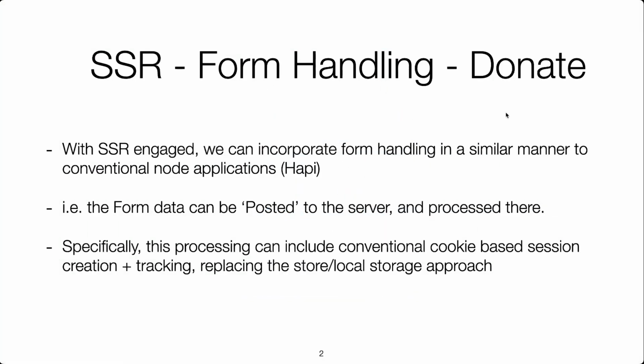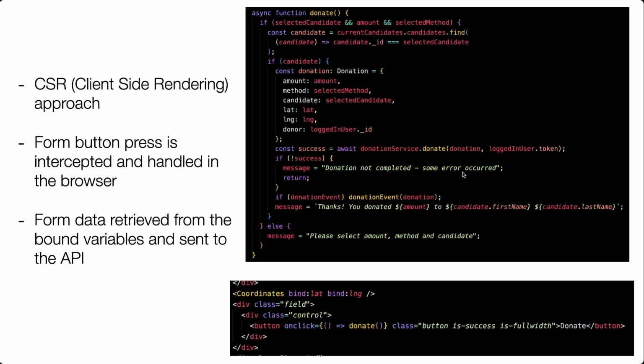We're trying to look at form handling, SSR, using donate as our example as opposed to login. Again, we're posting the data in a conventional manner from the client to the server. Remember how it works to date using CSR, client-side rendering. That is the approach you've been using to date for donation. We have a donate function, and then that donate function is responsible for building up a donation and invoking the API directly.